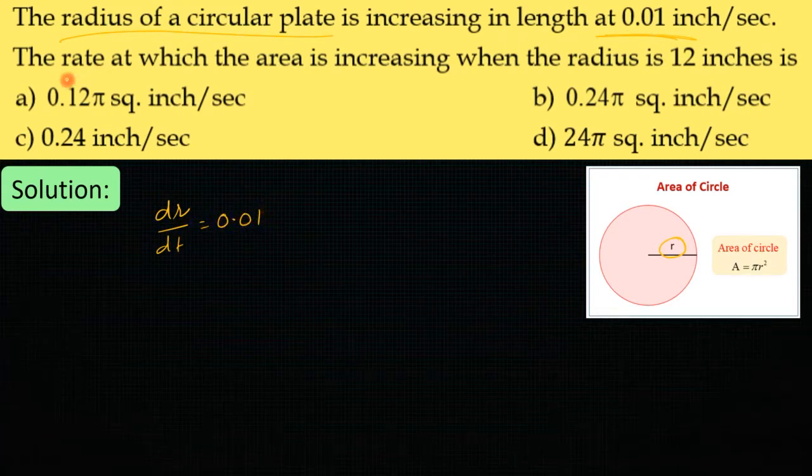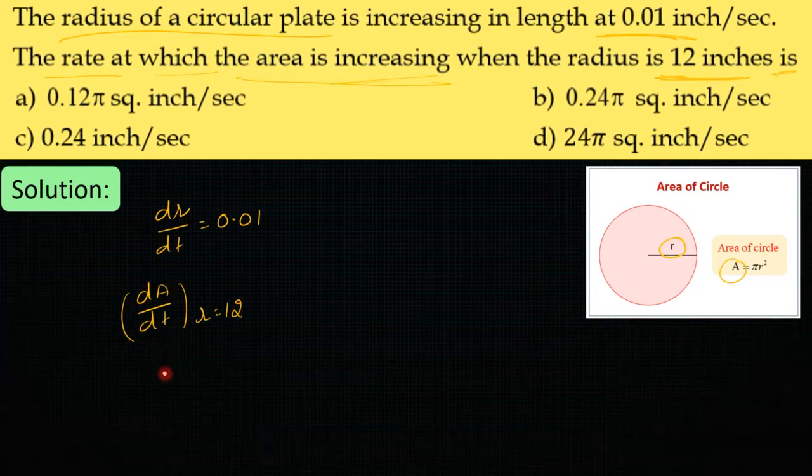We have to find the rate at which the area is increasing when the radius is 12 inches. That is, area of the circle is A. We have to find dA by dt at r equals 12.